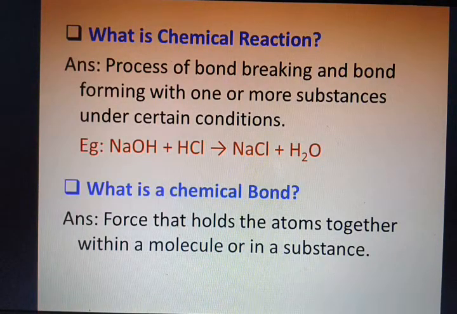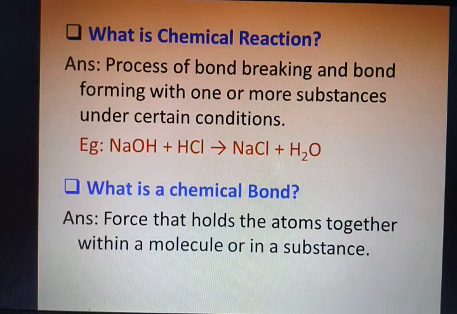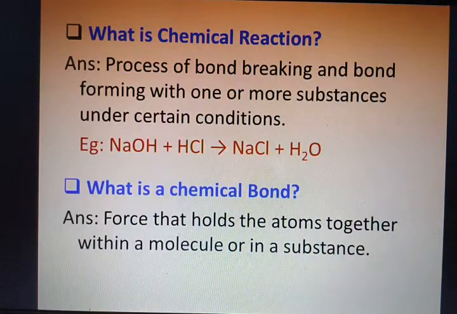Under HCl you can write hydrochloric acid. Under NaCl you can write sodium chloride, and under H2O you can write water. So you've given a definition, you're giving an example, and it's a balanced reaction, of course. By this time, you should be habituated to the fact that balanced reactions are always compulsory. Unbalanced reactions are never accepted in a chemical reaction.